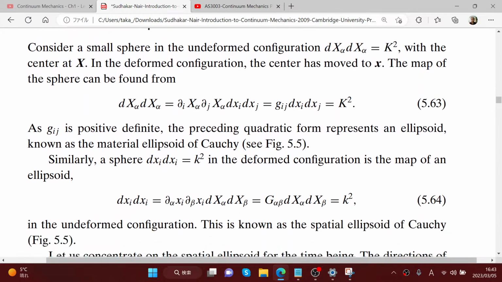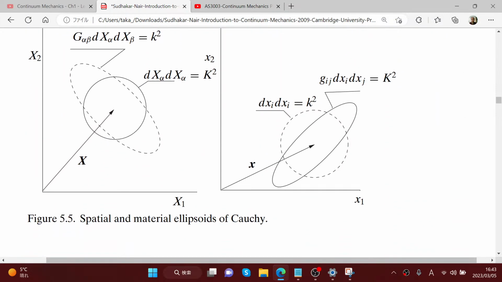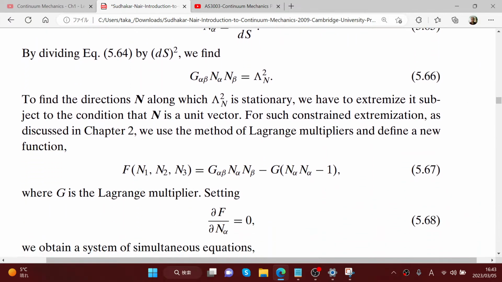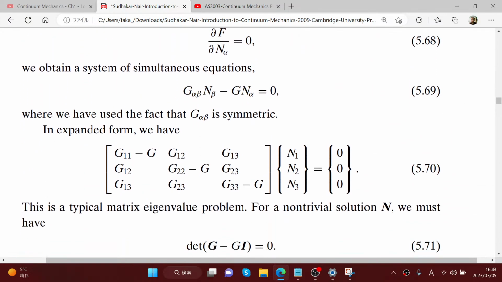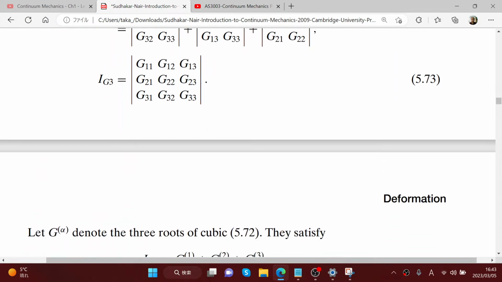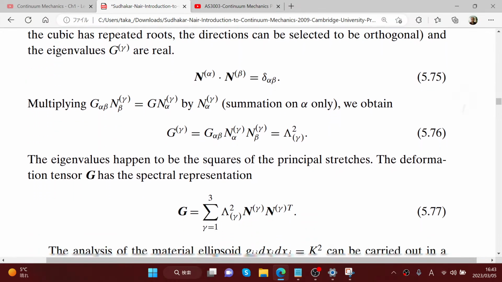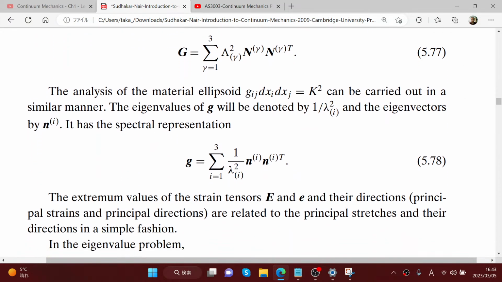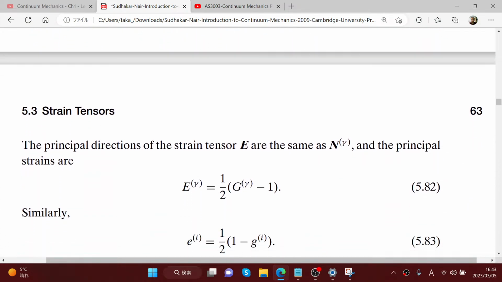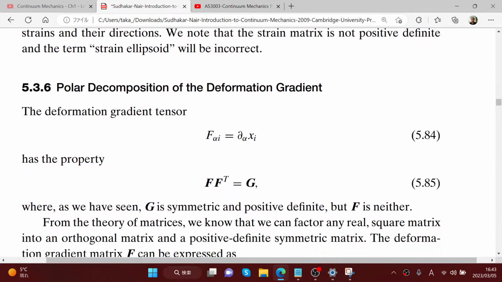Deformation ellipsoid. Polar decomposition of the deformation gradient.